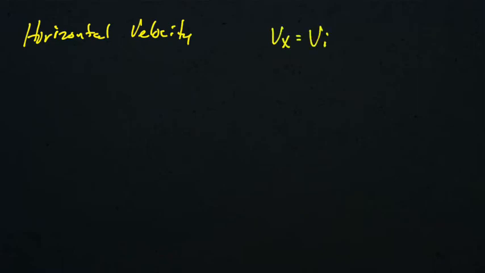So now let's talk about horizontal velocity. That formula is v of x is equal to v of i cosine theta.